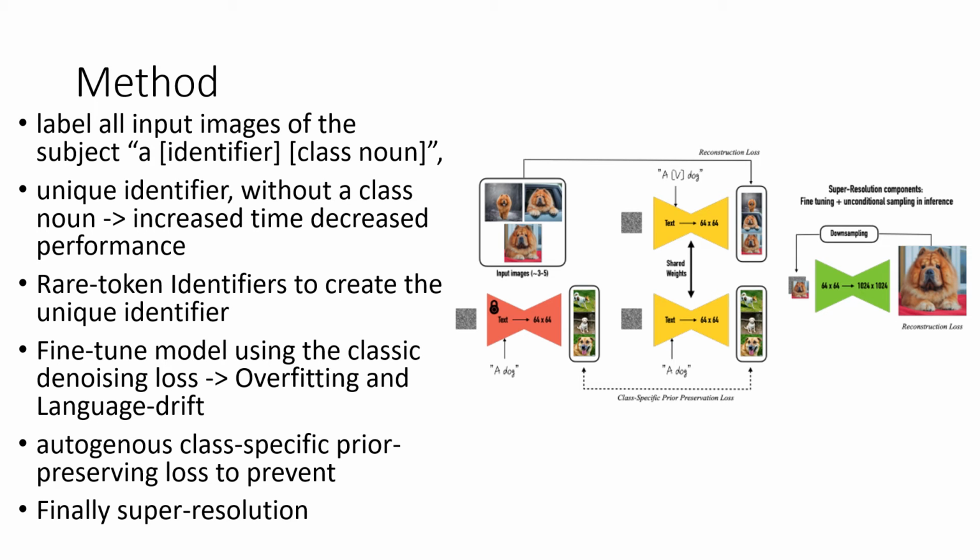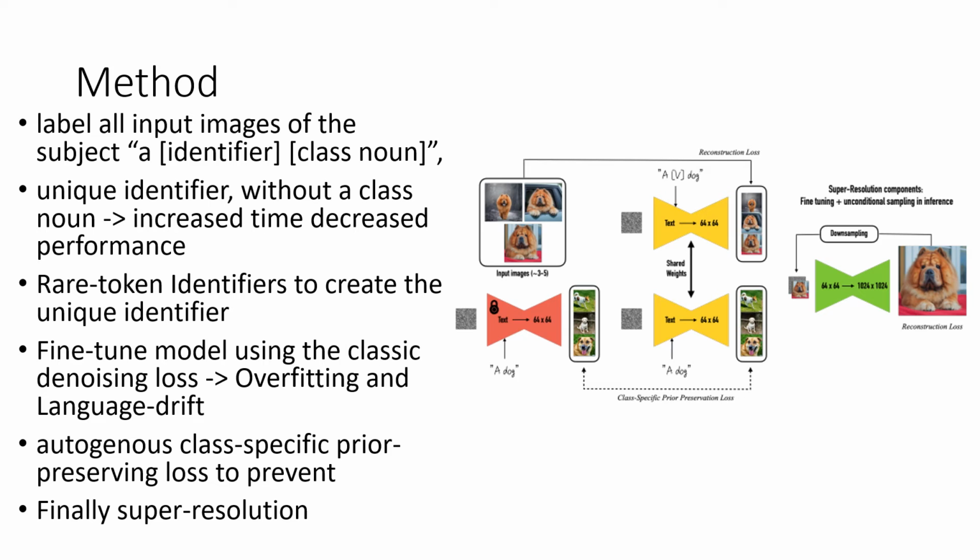The class descriptor can be obtained using a classifier. They use a class descriptor in the sentence in order to tether the prior of the class to their unique subject. Also, they found out that a unique identifier without a class noun as a key for the subject increased training time and decreased performance.